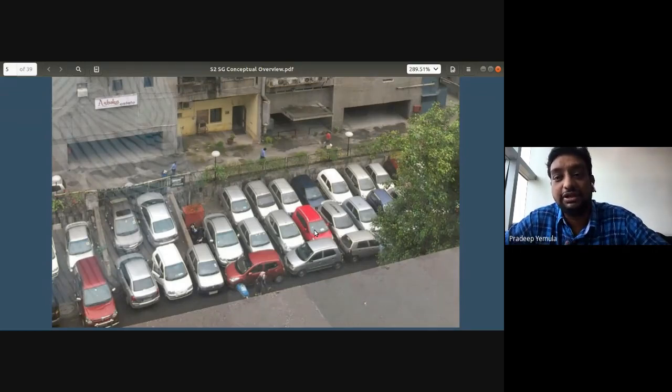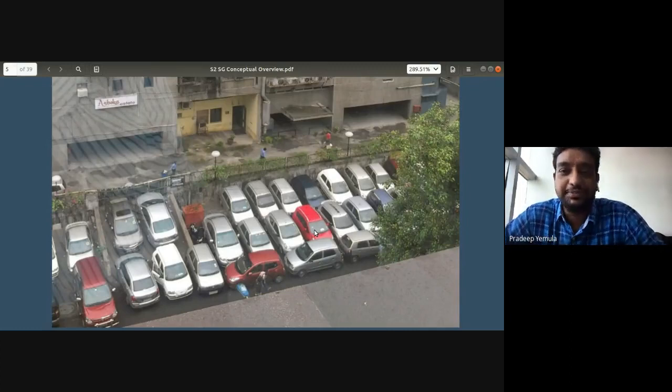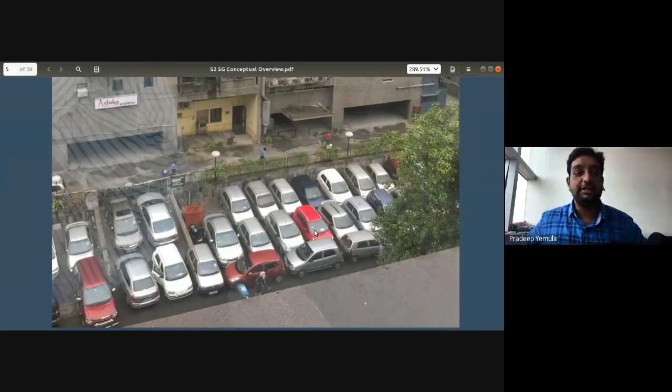If each car can store 20 kilowatt hours of energy, then if there are 100 cars, you have 2,000 units of energy available, which can be used in the form of vehicle to grid kind of technology, where the power can go from the cars to the buildings or buildings to the cars and so on. So such kind of things are possible.